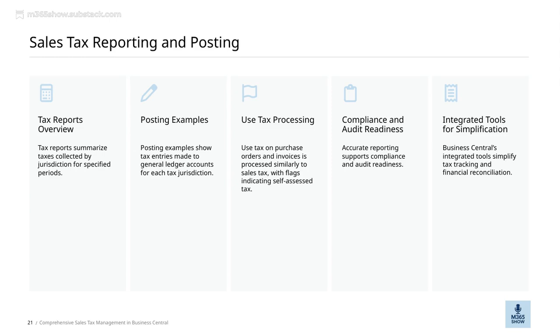And when it comes to sales tax reporting and posting, Business Central offers a complete, integrated approach, making sure all your sales tax management is efficient and accurate. All of these features work together to simplify your tax processes, support compliance, and keep your financials in order. They really embody the overall theme of making financial management more streamlined and reliable.